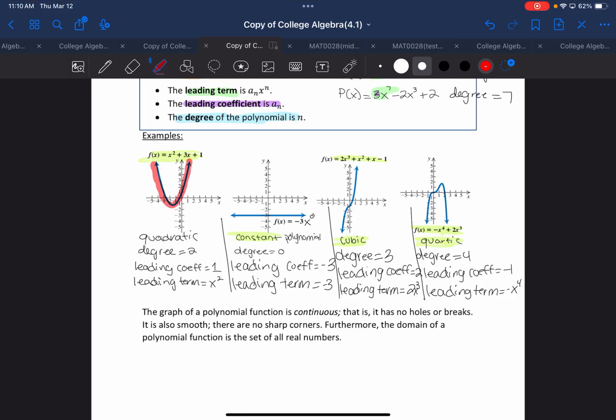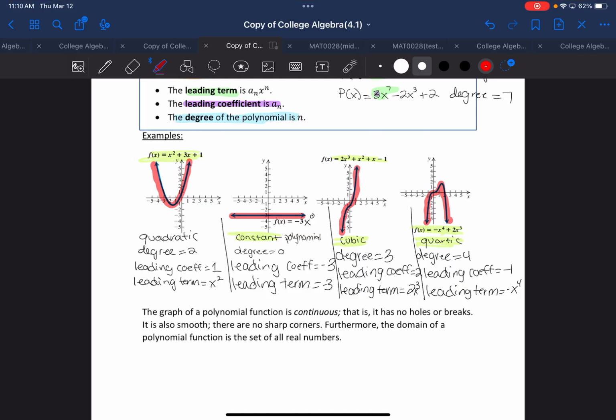So it's continuous. The line is continuous, the cubic is continuous, and the quartic is continuous. There's no holes or breaks. It also is smooth. Polynomial functions are all smooth.